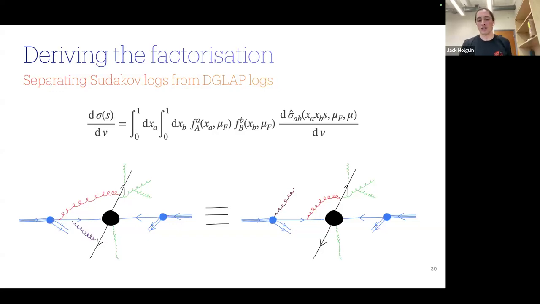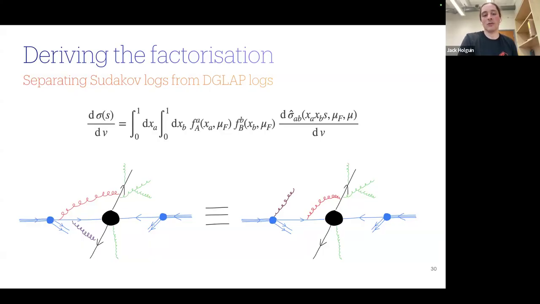So practically what this looks like in terms of diagrams is it telling us the following is true. We have this general process going on, and on the left-hand side there is a violet gluon I've drawn on, which is an emission that's collinear to the beam axes of the protons.